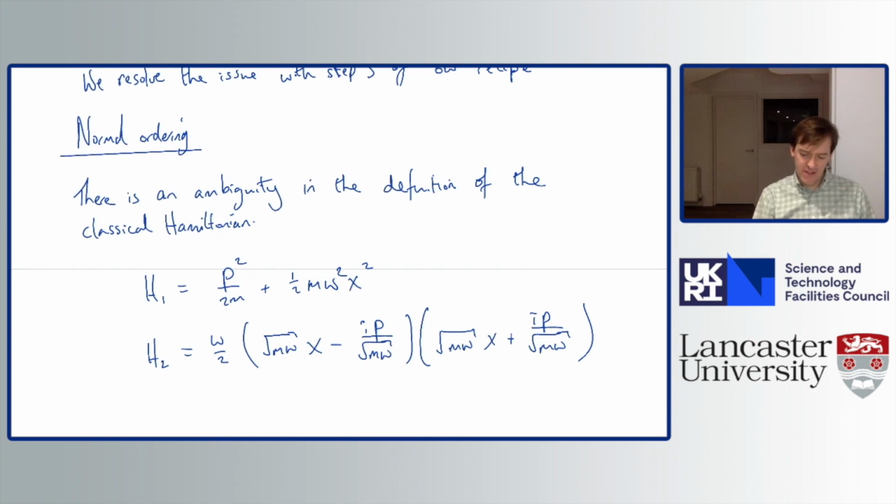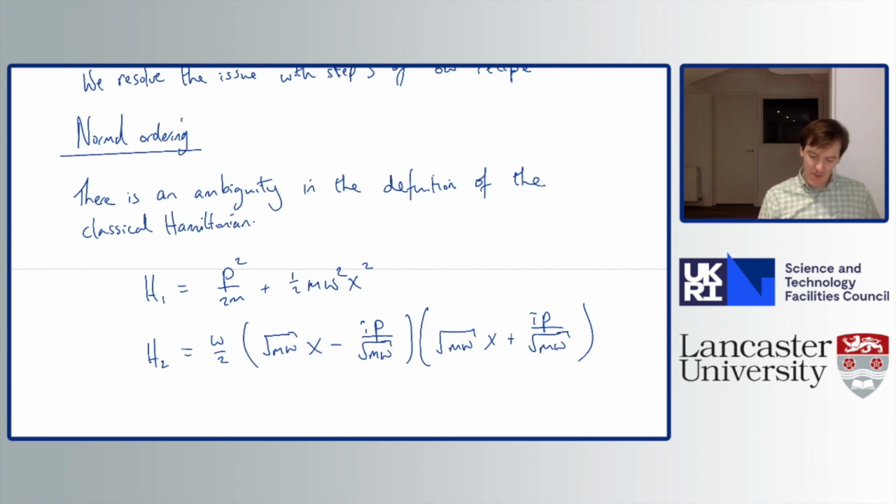This seems like a rather bizarre way of writing the above expression, but in the classical theory, all of these x's and p's just commute. So when you multiply the terms out, it will give you exactly the expression above, and both are equally valid forms of the theory.